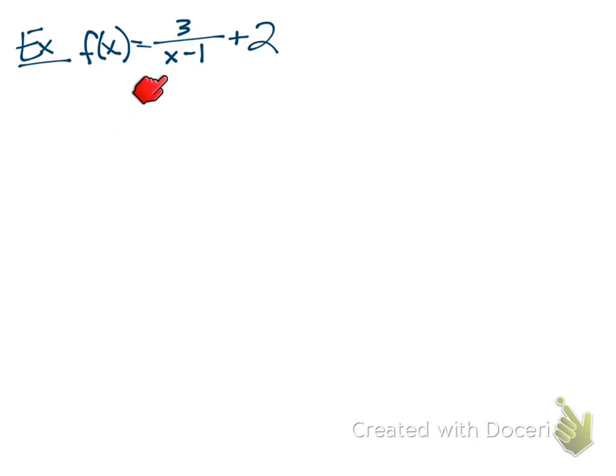A denominator cannot be 0. So I'll center my t-chart around what makes that denominator 0. 1 will make that denominator 0. So I'm going to put 1 in the middle, and I'll put the numbers around 1.